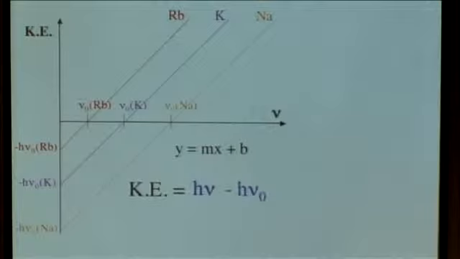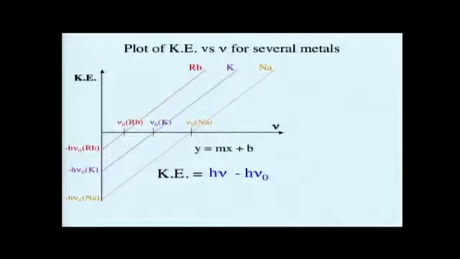And then we can plug in what b is, the y-intercept, because that's just the negative of h times that threshold frequency. So we have this new equation when we're considering this photoelectric effect, which is that the kinetic energy is equal to h nu minus h nu threshold of the metal.